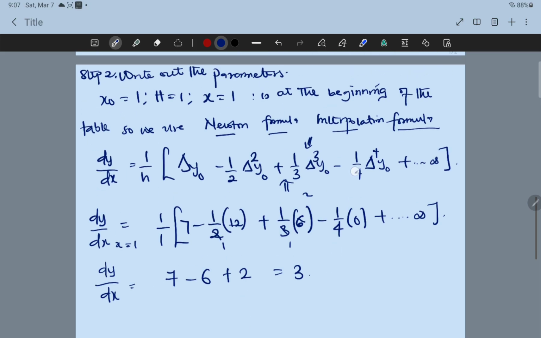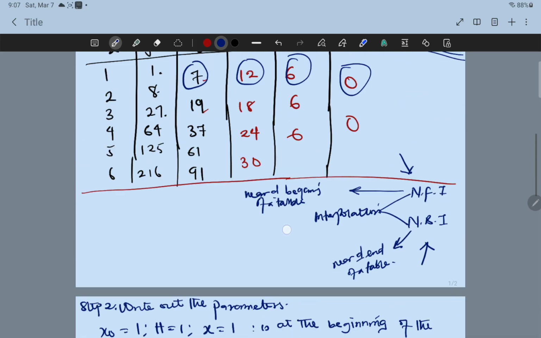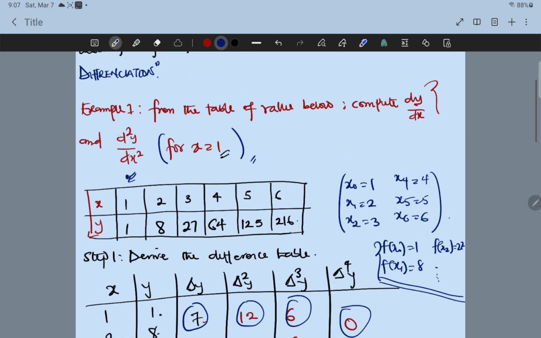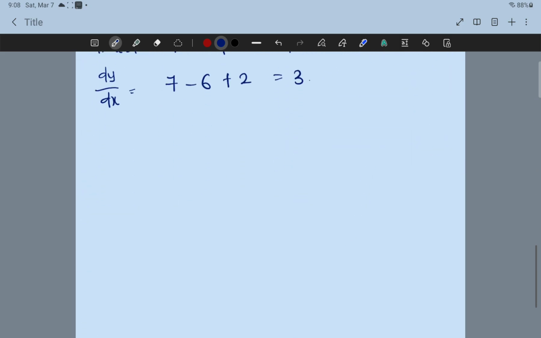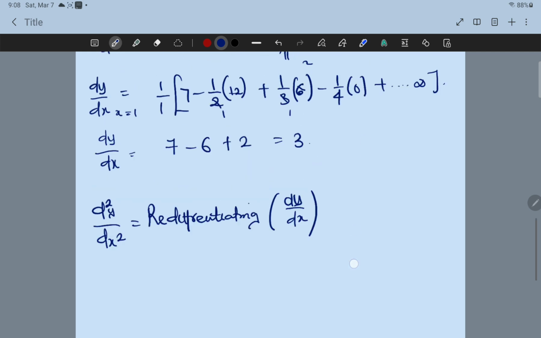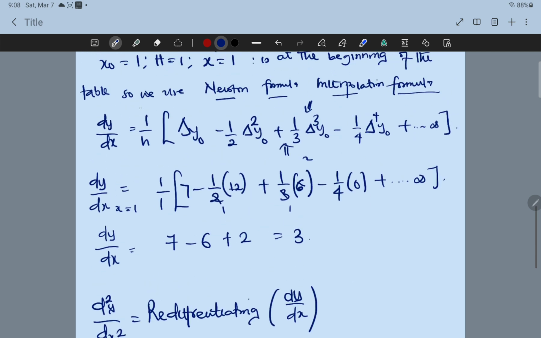Now, because the question says not just solve for the dy/dx, the question says you should solve for the d squared y over dx squared. And so if you want to solve the d squared y over dx squared, you are going to be redifferentiating the dy/dx. That means you're going to be redifferentiating this formula.